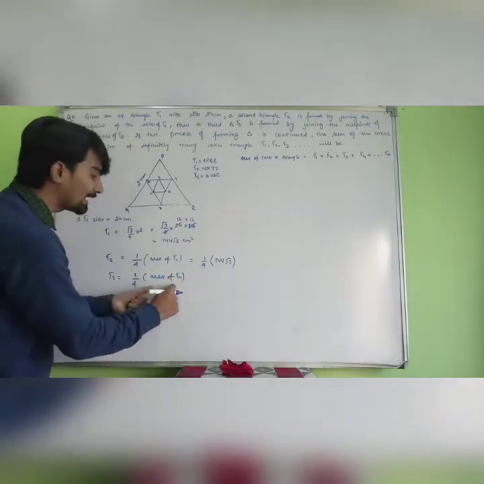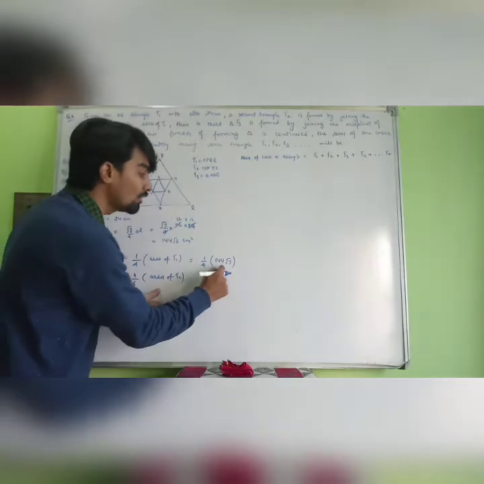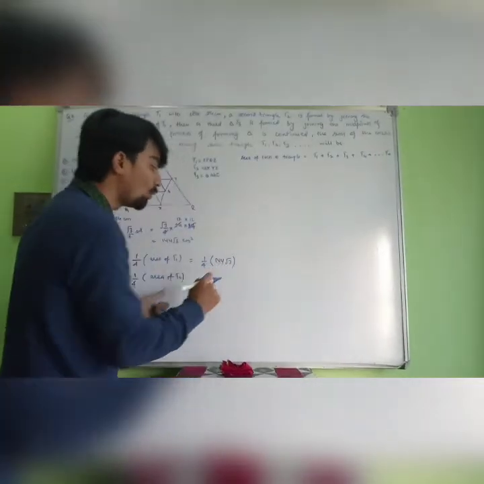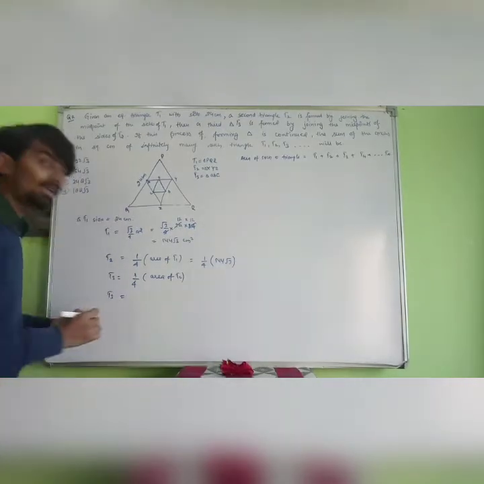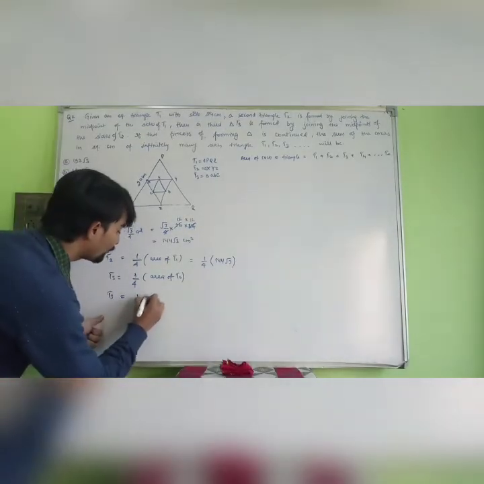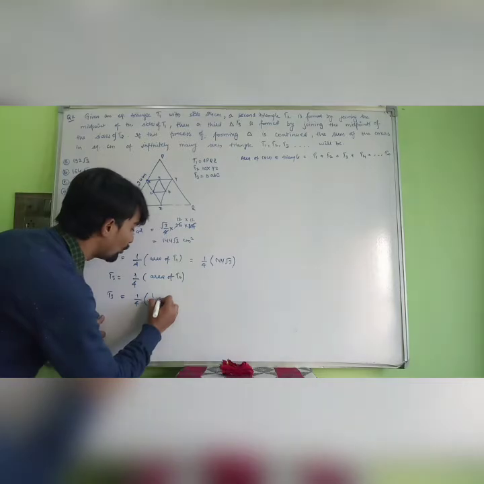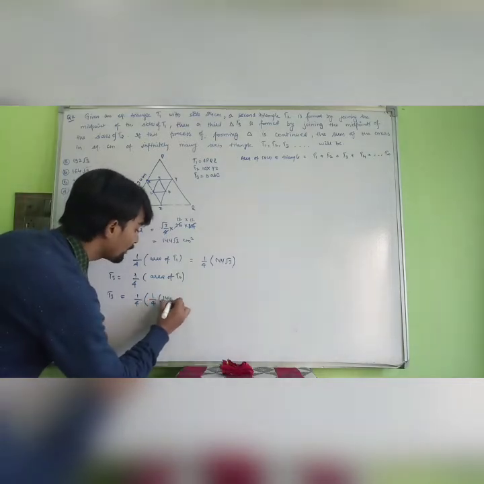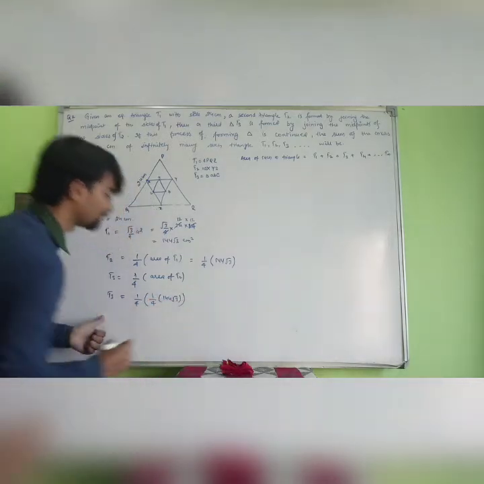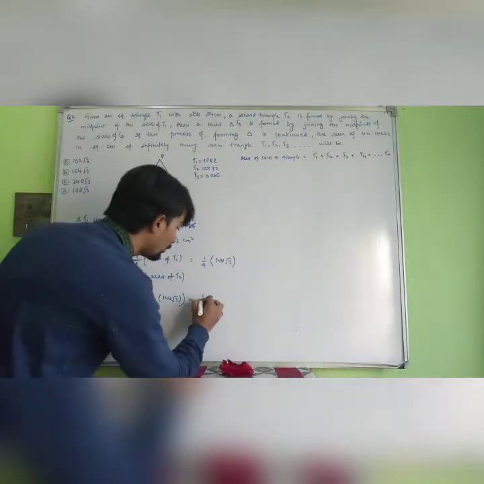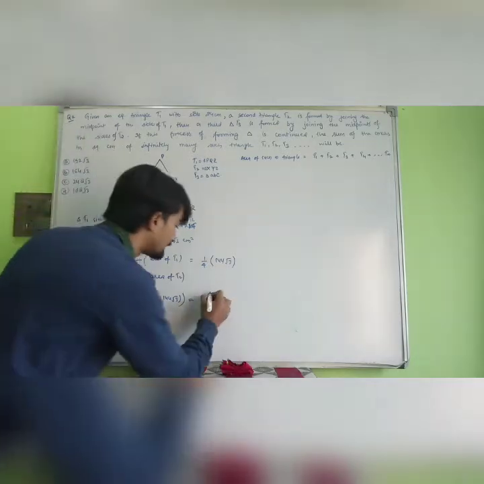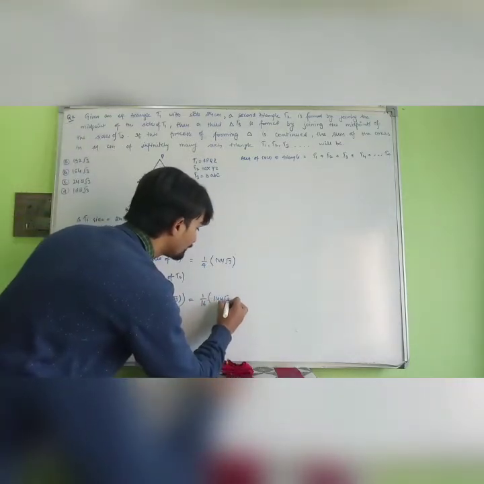And the area of triangle T2 is what? 1 upon 4 into 144 root 3, right? So the area of T3 will become 1 upon 4 into 1 upon 4 into 144 root 3, or we can say 1 upon 16 into 144 root 3, right?